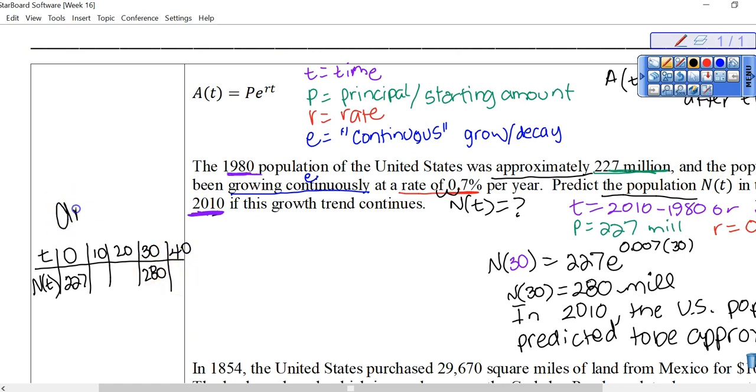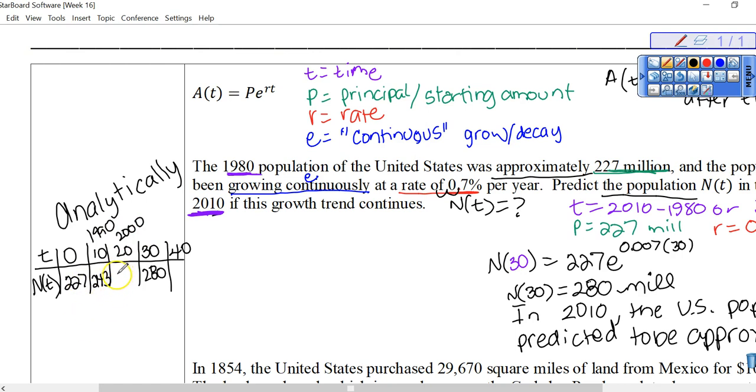So analytically, we're analyzing here. Plug this data in and give me a value. In 10 years from 1980, which would have been 1990, the population was approximately 243 million. All right, 10 years later in the year 2000, you guys were tiny if you were even born yet.